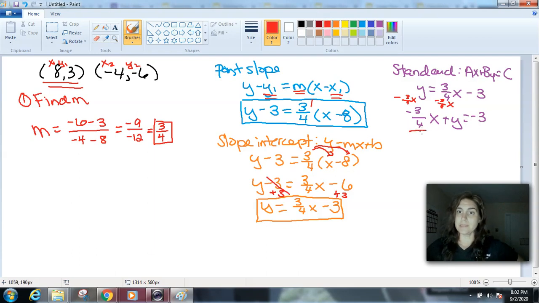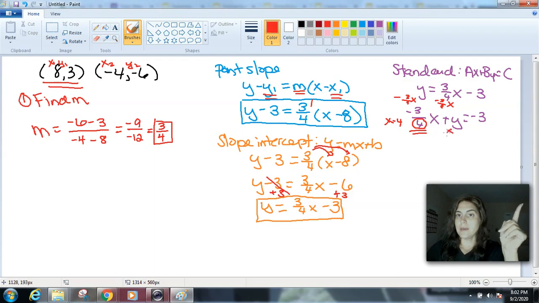Now my issue is this guy right here. I told you in standard form, a has to be positive and it has to be a whole number. Easiest way to make it positive, you change all your signs. So everything flips a sign. And then the easiest way to get rid of a fraction, multiply by the denominator. So I'm actually going to multiply this by -4.